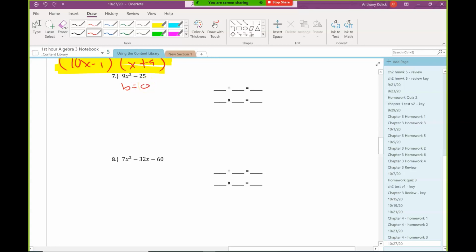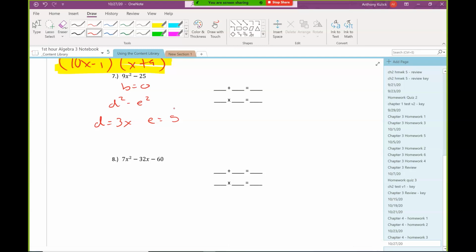This tells us that there's a shortcut here, or possibly a shortcut here. So notice that this is in the form of something squared minus something squared. In this case, d would be 3x, because 3x times 3x is 9x squared. And e would be 5, because 5 squared is 25.